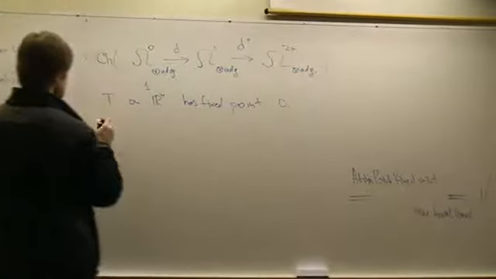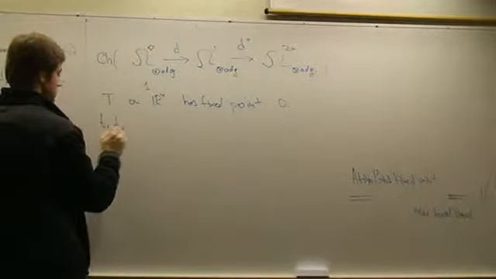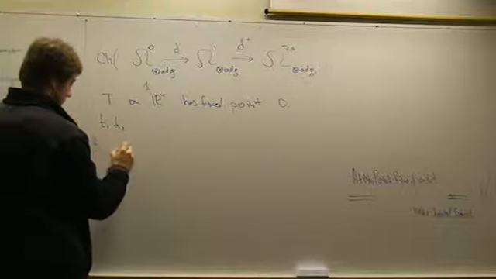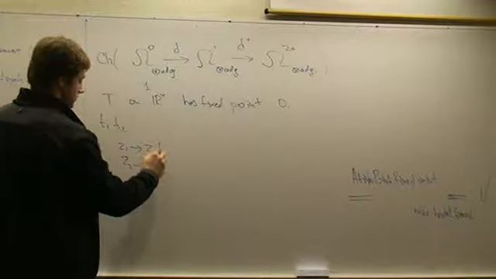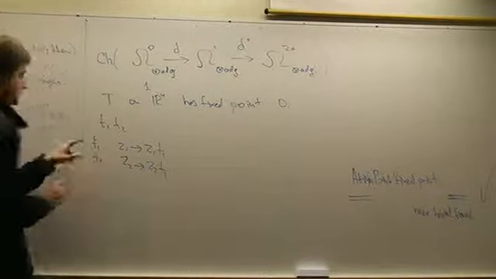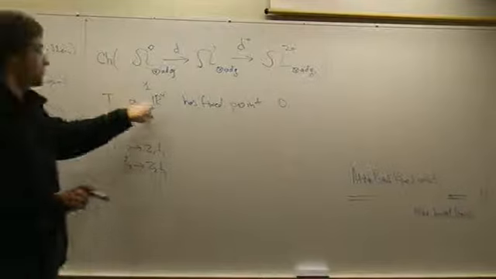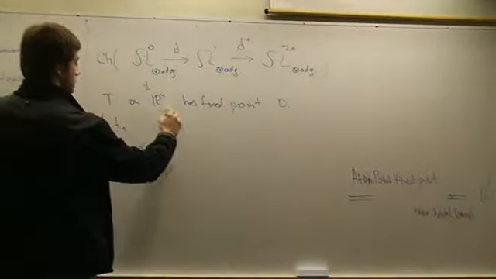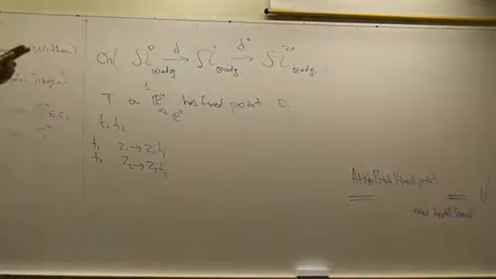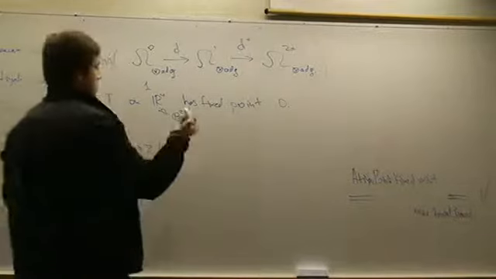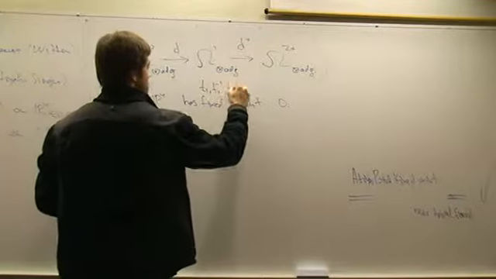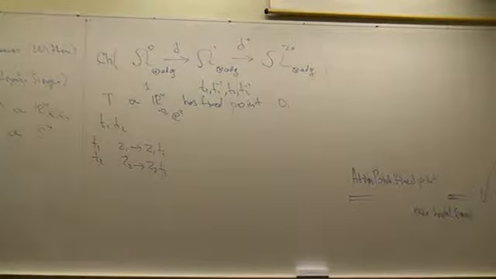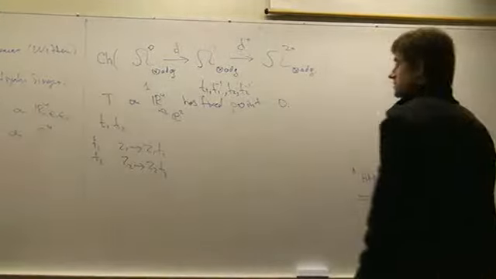And T is generated by T1, T2, where T1 sends z1 to z1 T1, and T2 sends z2 to z2 T2. That's how T1 and T2 act on the complex coordinates on C2. So weights on omega 1, on the fiber of omega 1 at 0, will be T1 to minus 1, T2 to minus 1. Clear? Because it's just the tangent space, z1, z1 bar, z2, z2 bar.